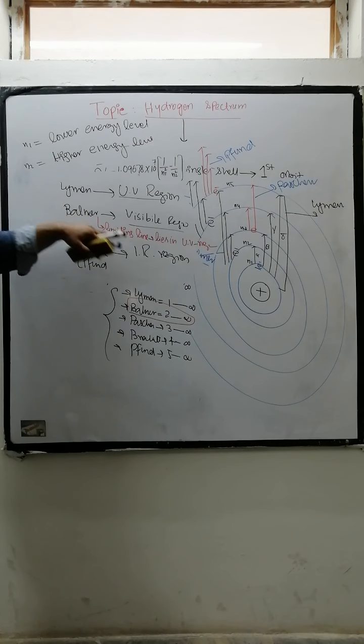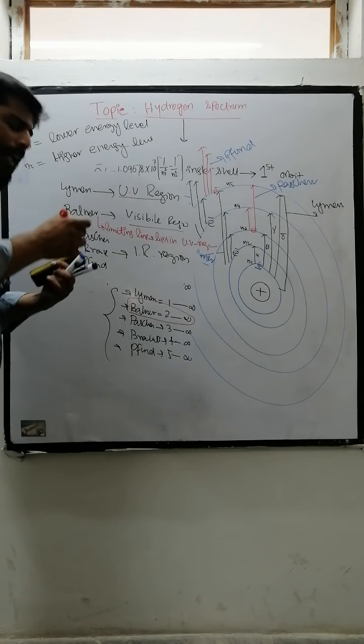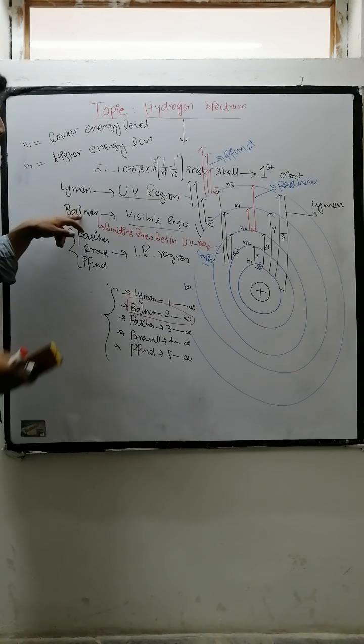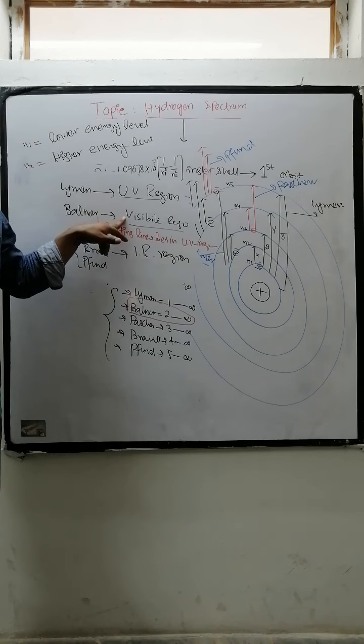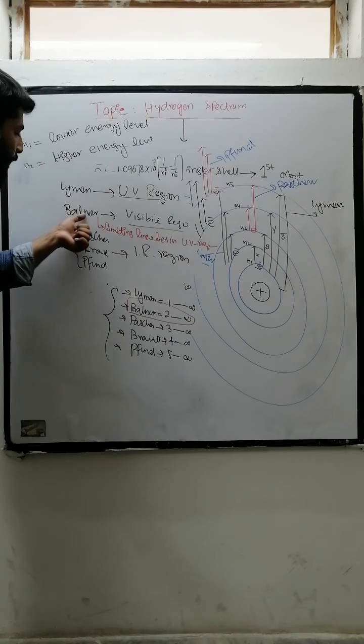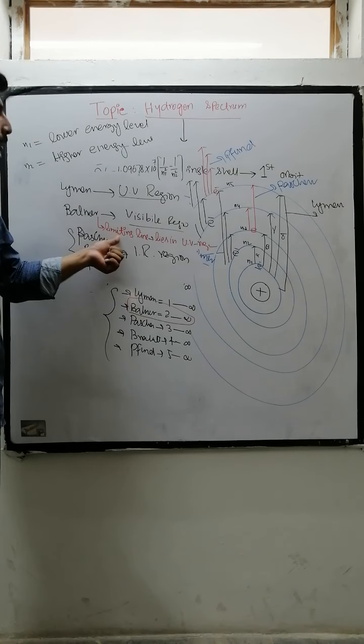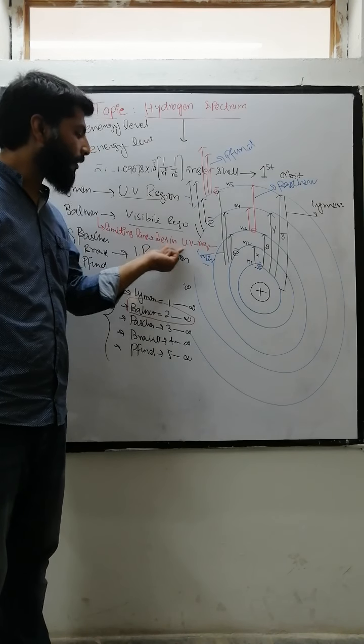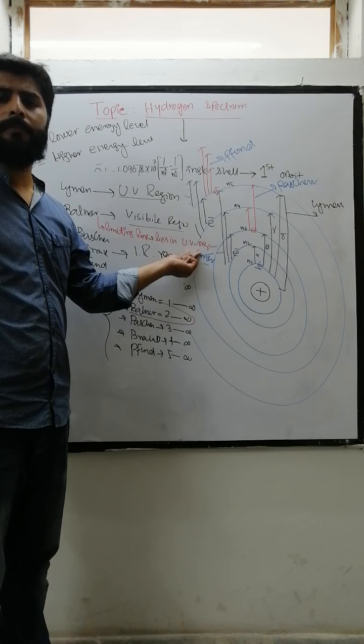All the lines obtained for the Balmer series are observed in the visible region, but the limiting line for the Balmer series is observed in the UV region.